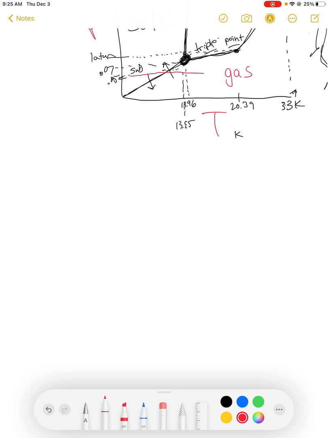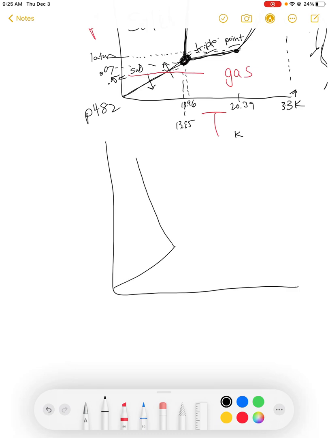All right, I want to talk briefly about the phase diagram for water, and that is in your textbook on page 482. Okay, so for water, actually this line, I'm exaggerating it a little bit.